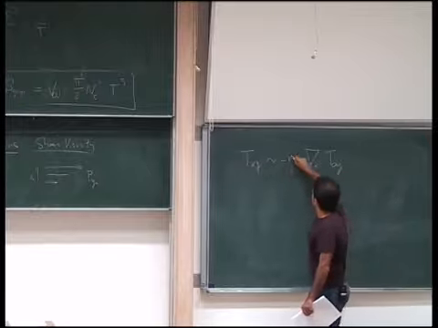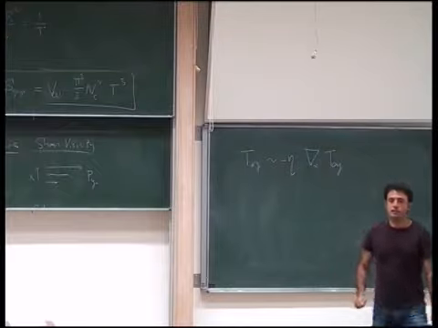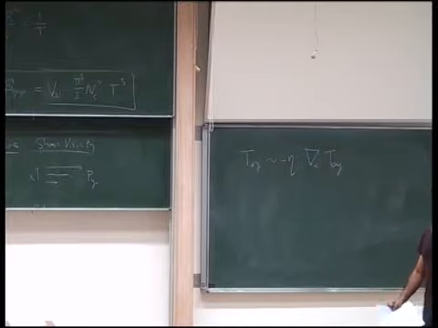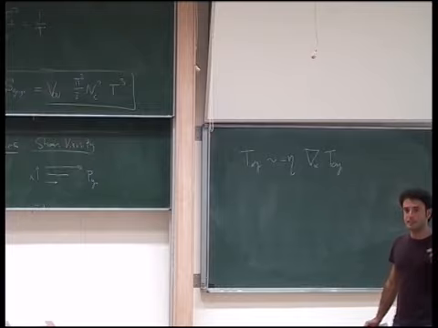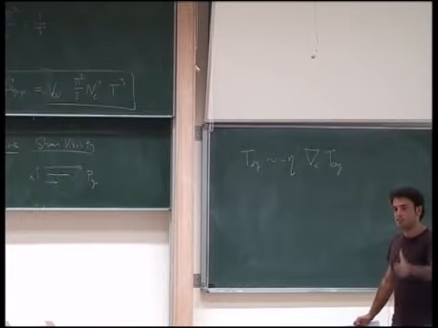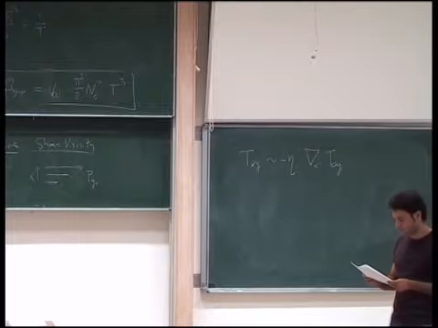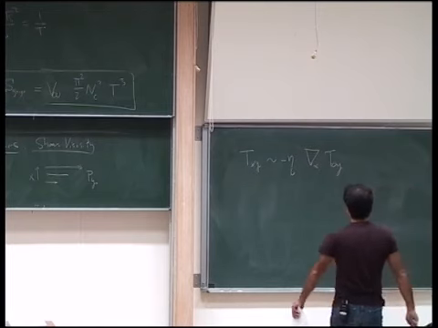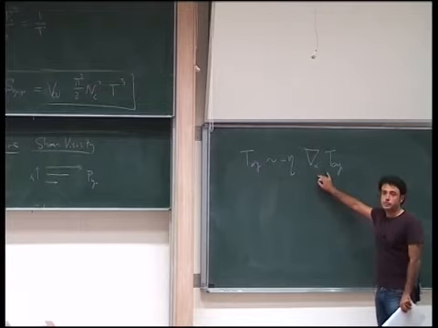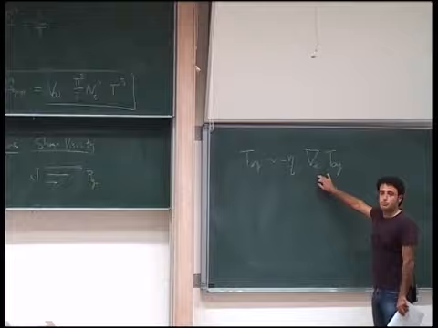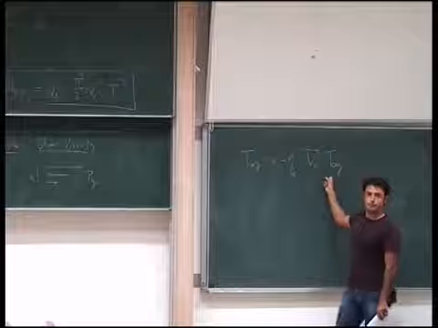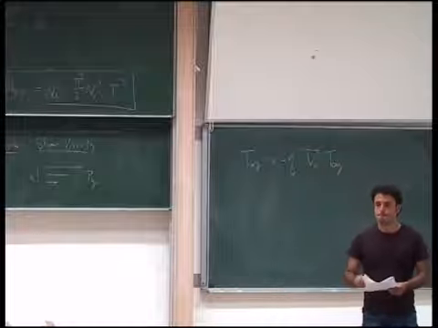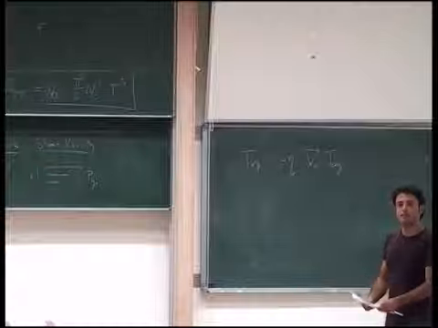And the constant of proportionality here is a diffusion constant that's called the shear viscosity. So the shear viscosity measures how effectively momentum in a given direction is diffused in an orthogonal direction. And this relation I wrote down here is called a constitutive relation, because it tells you what the flow is given the gradient of the conserved charge. Any questions about this?